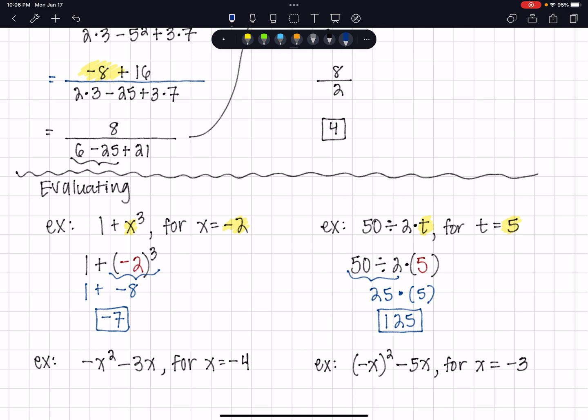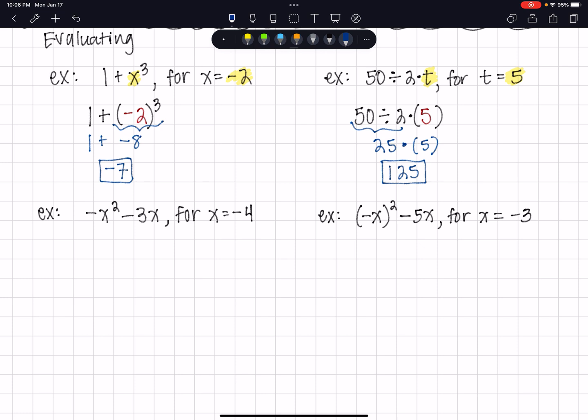Now, some people might think that this answer is 5 because they might incorrectly multiply 2 times 5 and then divide. But remember, order of operations, multiplication and division, from left to right, not necessarily multiply before you divide. You're looking for either operation and working from left to right first.